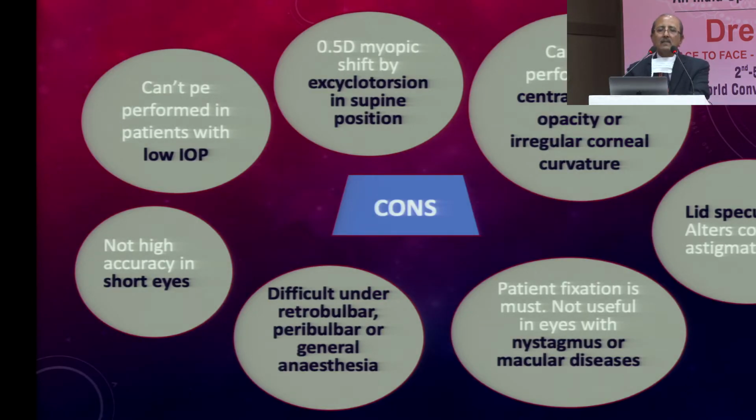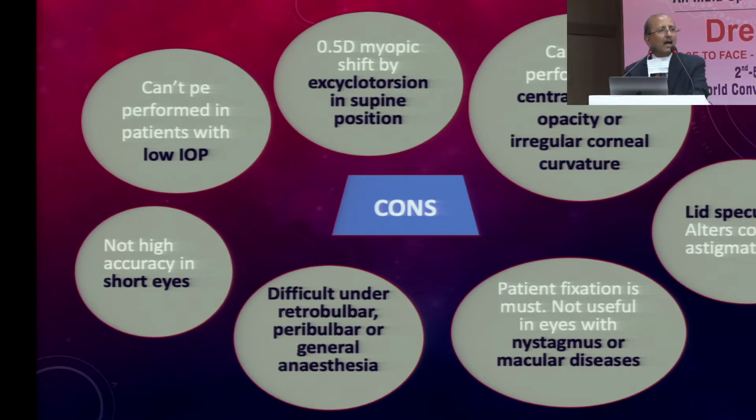Whereas there are some issues: it cannot be performed in patients where there is low IOP. Most of the time we have to inject viscoelastic substance, and intraocular pressure should not be low. If it is low, it will not give the reading. Extorsion in the supine position is another problem, and if there is central corneal opacity, it will not measure.